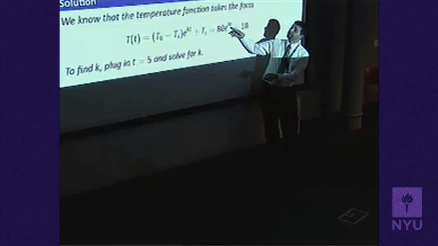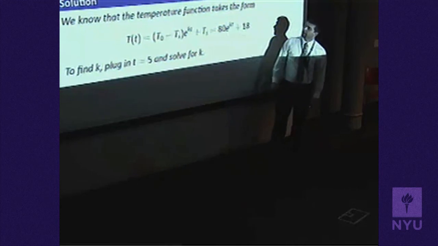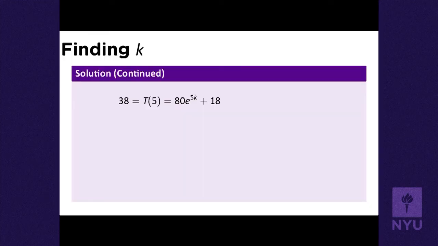If I plug in t equals 5, what is T of t? 38 degrees, okay? And so the equation I'll get is 38 equals 80 e to the 5k plus 18. Subtract the 18 from both sides. 20 equals 80 e to the 5k.